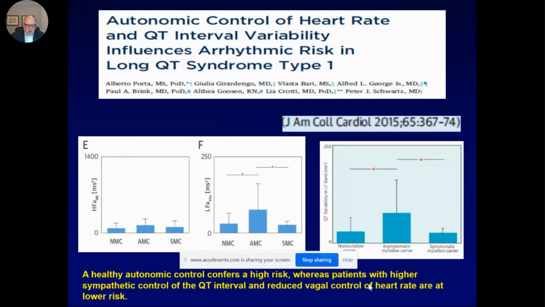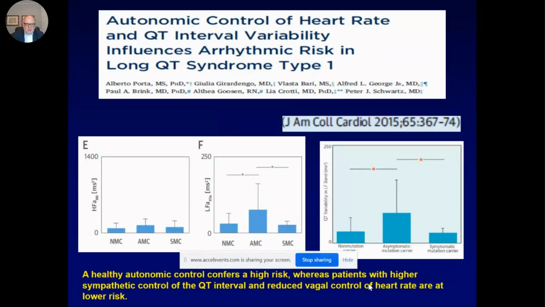They had a large cohort of LQ1 patients coming pretty much from one proband there. What they found was that, in fact, healthy autonomic control confers a high risk, whereas patients with higher sympathetic control of the QT interval and reduced vagal control of heart rate are at lower risk.